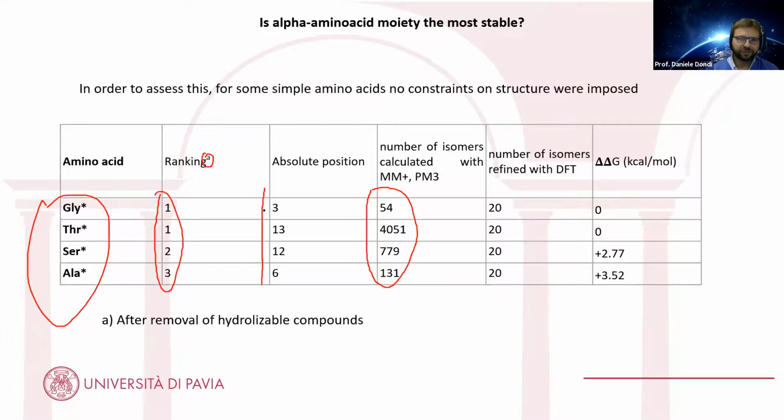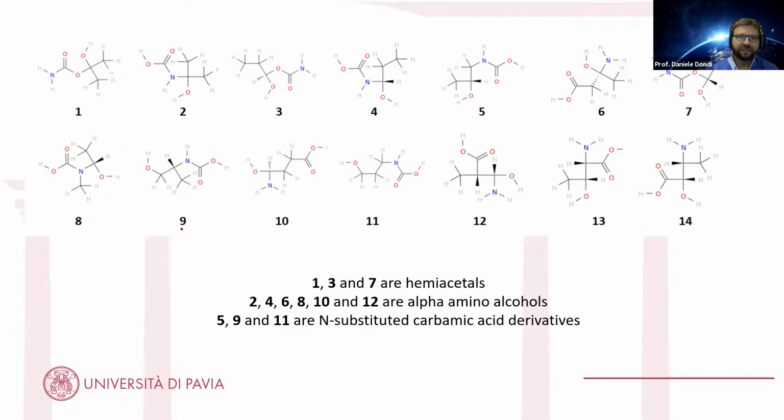What is the absolute position? So this is the real position, but the ranking is like this because sometimes we obtain, just to show you, some molecules that are not stable, because the real stable amino acid is number 13, if I remember well.